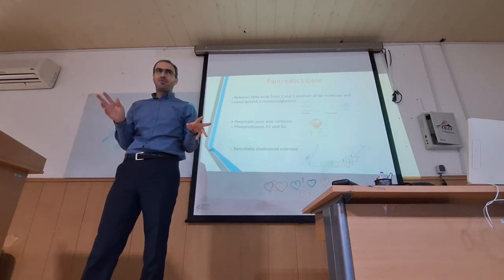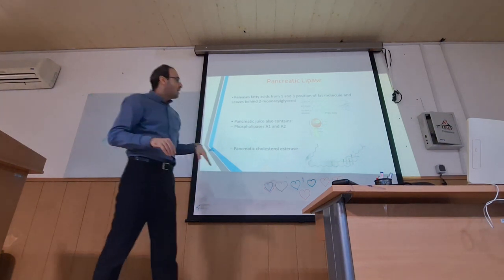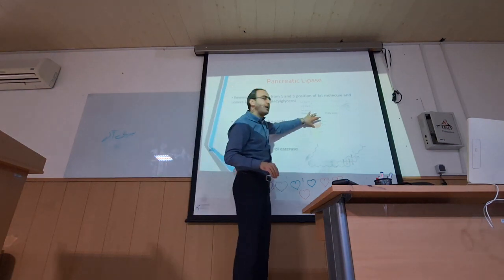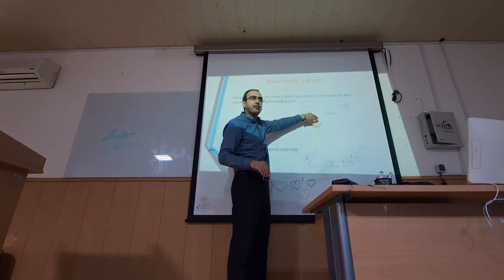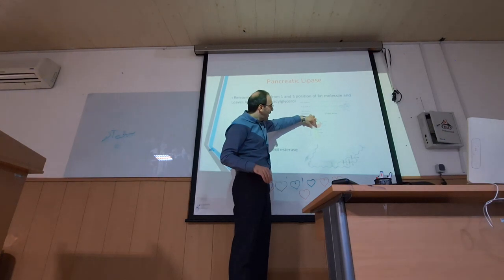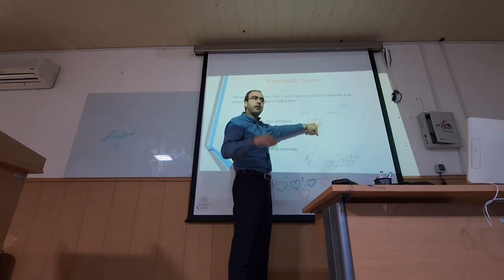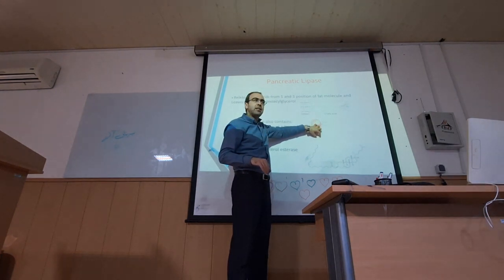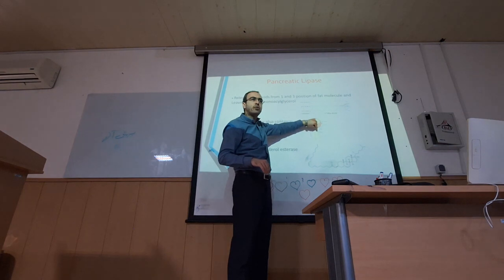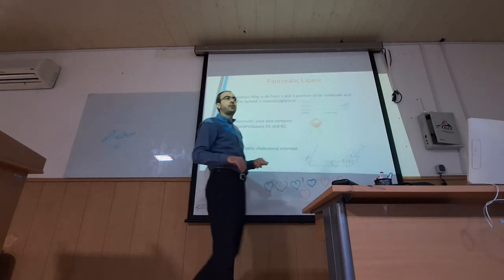Yes or no? Some of you. Yes. Phospholipids have a phosphate group and a head, which is sometimes an alcohol, and 2 fatty acids. One of these is unsaturated, the other is saturated. These 2 fatty acids can be removed by phospholipase A1 or A2.